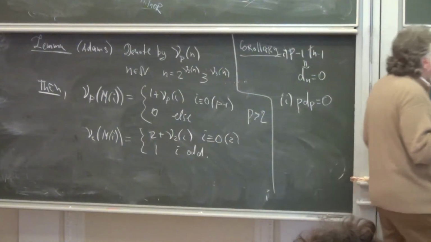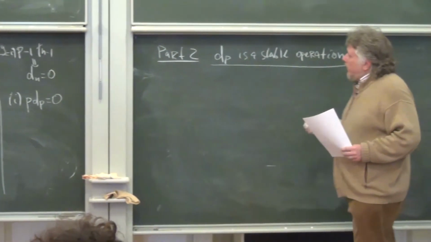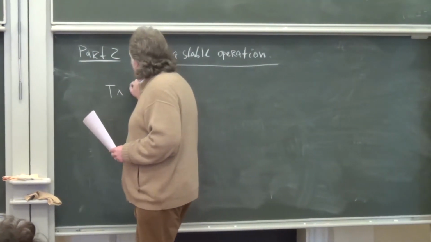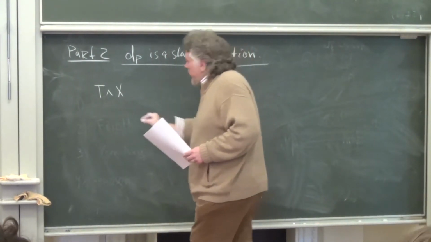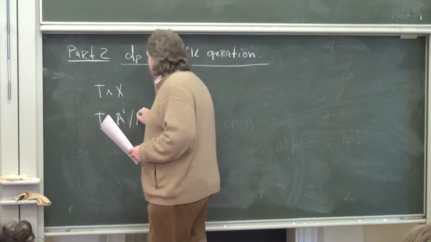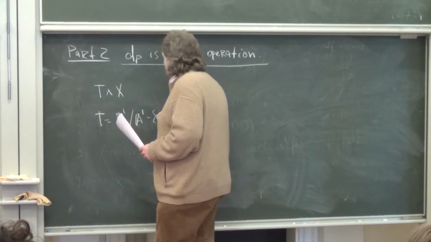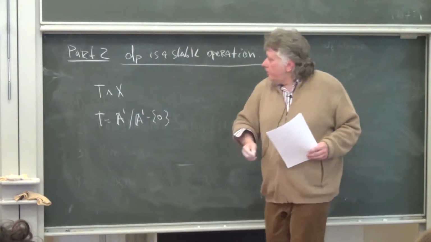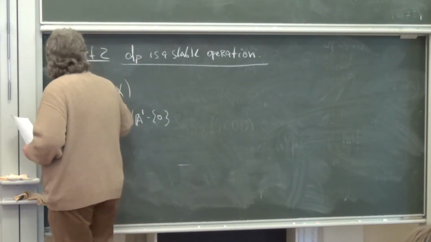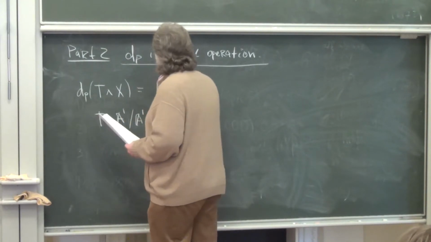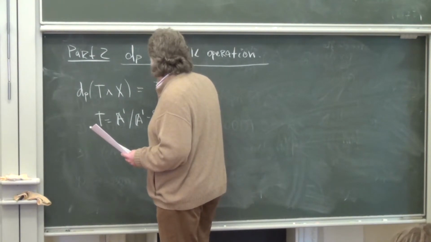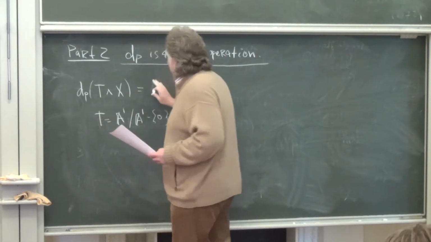To check the stability of dp, it's sufficient to check that our differential dp commutes with T suspension. So we should take T suspension. T is a Tate object, this is A1 minus 0. And we should check that dp of this coincides with, here it's not quite correct, okay, coincides.